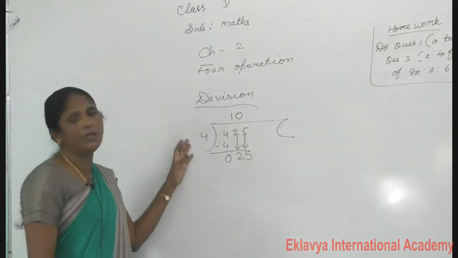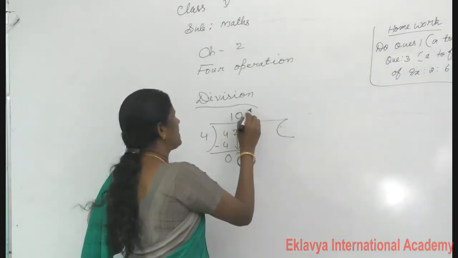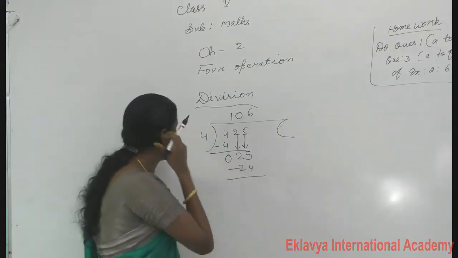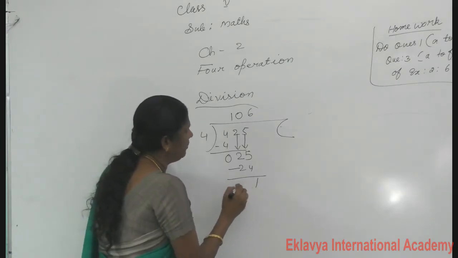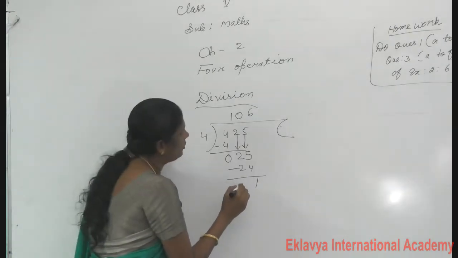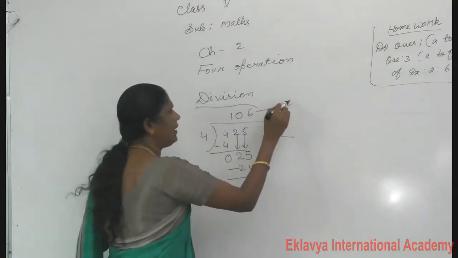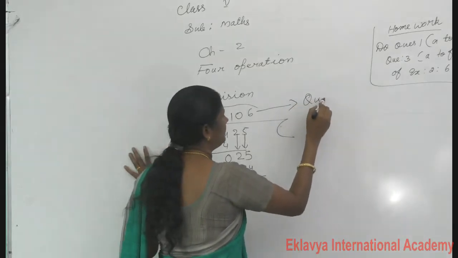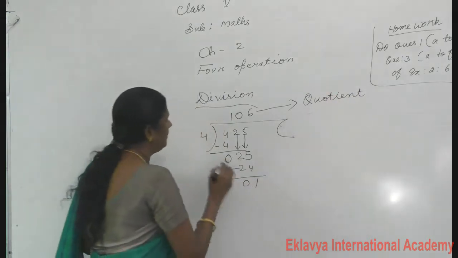Now how many times does 4 go in 25? 6 times, 24. Then 4 taken away from 5 is 1, 2 taken away from 2 is 0. Here our result is called the quotient.